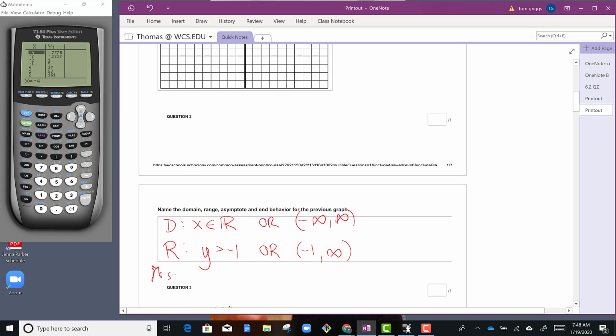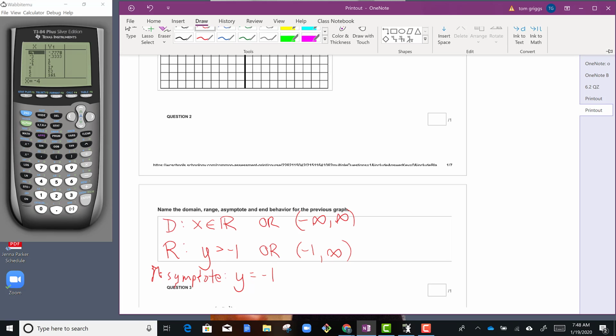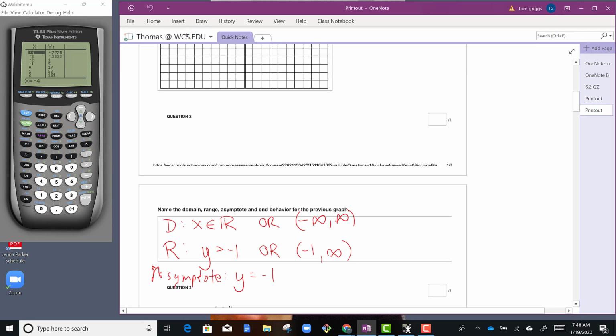The asymptote we've already talked about. The asymptote is at y equals -1. And finally, end behavior. So our end behavior for this graph, as x approaches infinity, that's the right side of the graph, y is also approaching infinity.